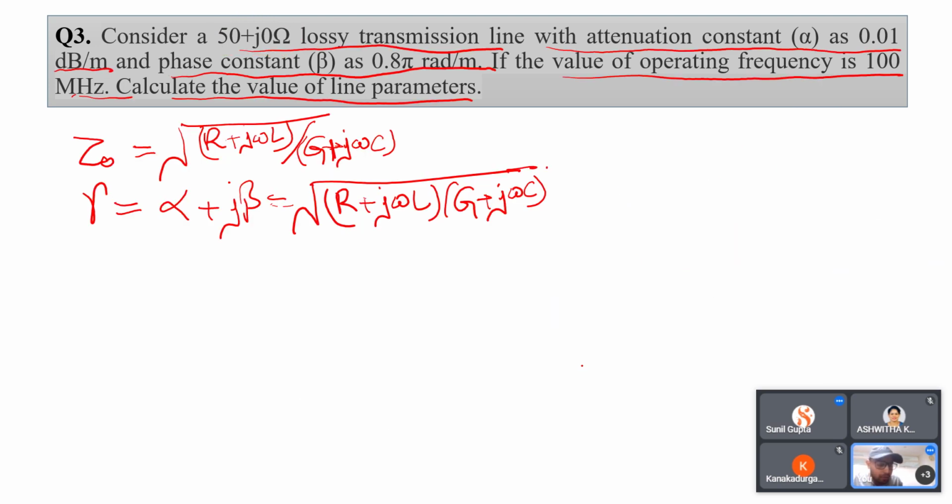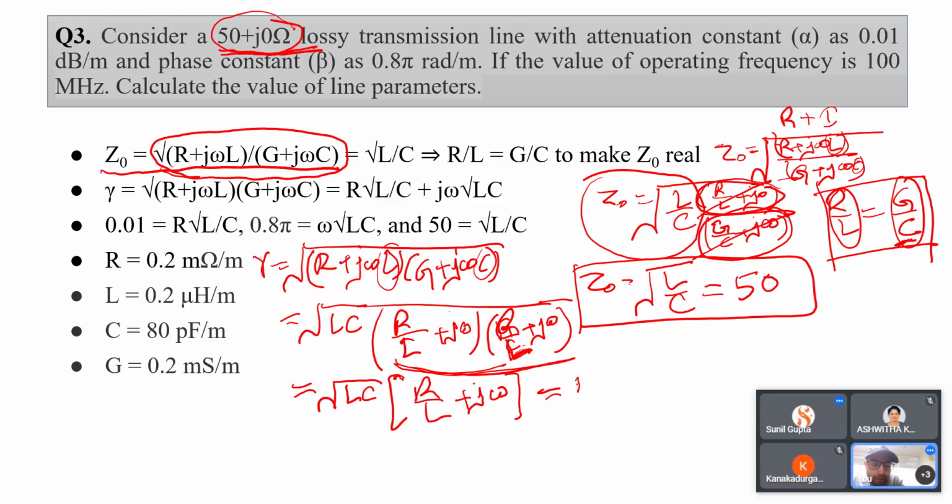You will get R root over L by C plus j omega root over LC. So this represents the alpha term, which is given here equal to 0.01, and the imaginary term, which is the phase constant beta, is given here as 0.85.